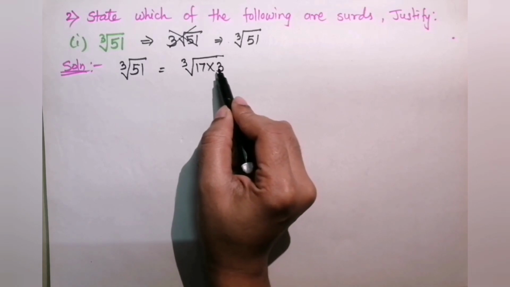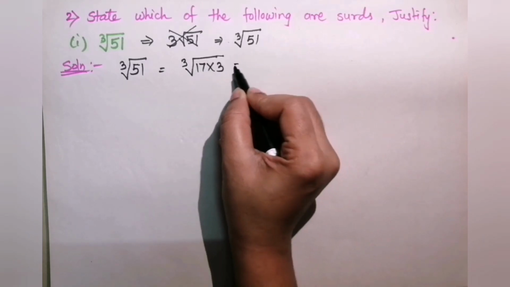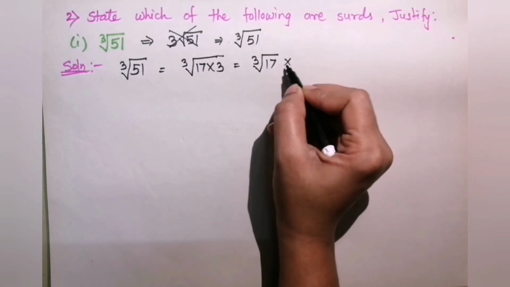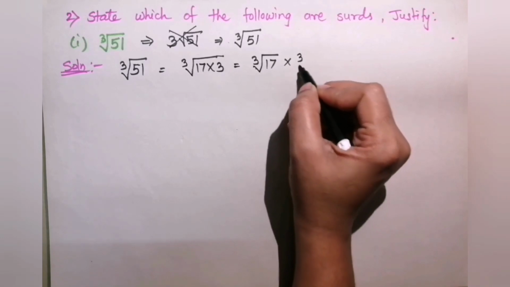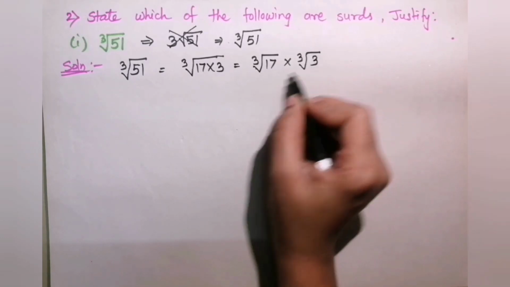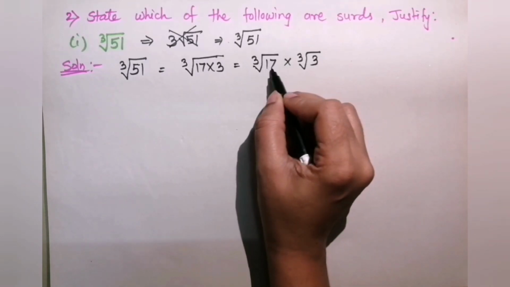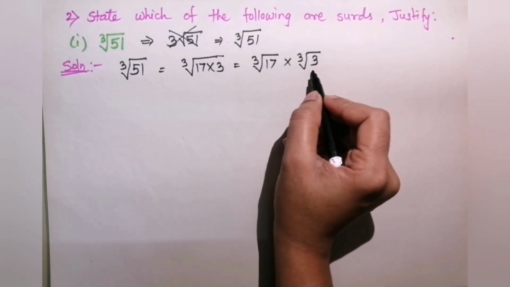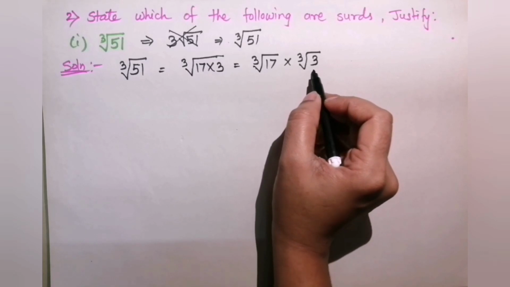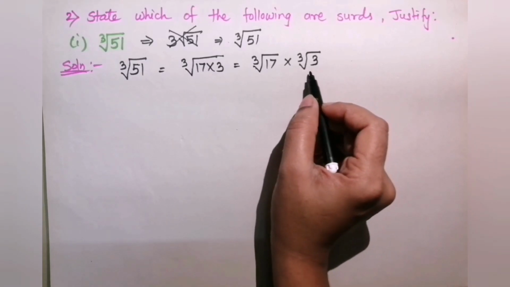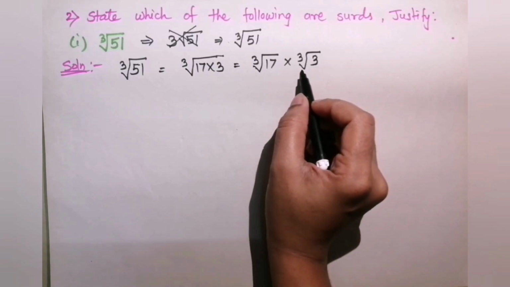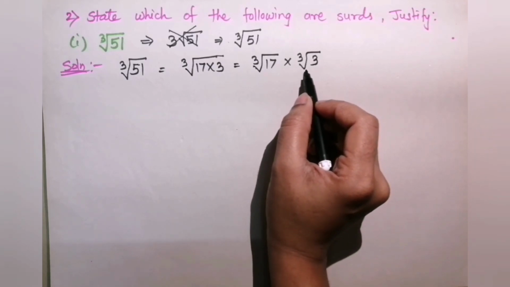No. So cube root of 17 multiplied by cube root of 3, just split them up. The cube root of 17 and the cube root of 3 are irrational numbers. So every irrational number is a surd, students.